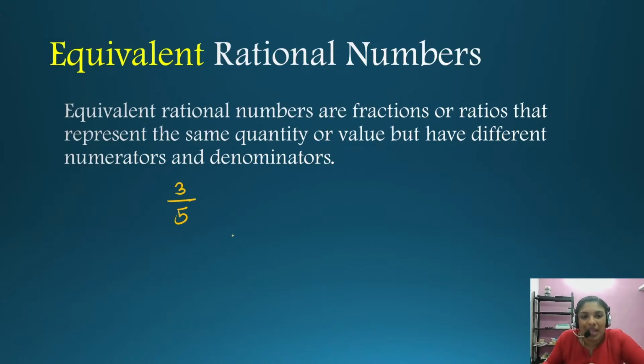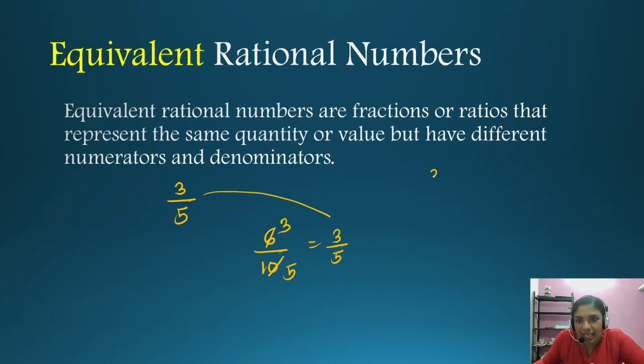I am writing here another rational number, 6 by 10. When you reduce this into simplest form, what will you get? 3 by 5. So 3 by 5 and 6 by 10 are equivalent rational numbers.